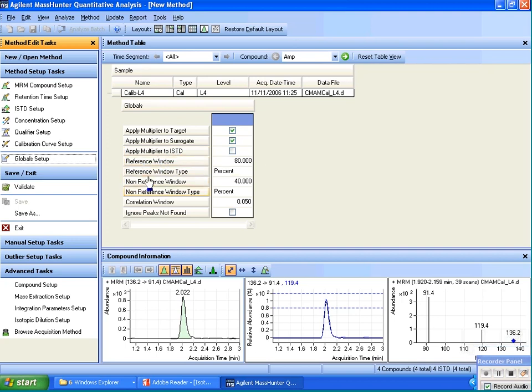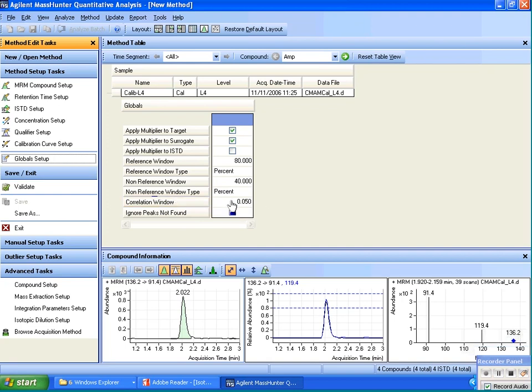The reference windows are the same as the single quad quantitation engine. The reference window applied to the target and the non-reference applied to the ISTD are used to figure out if that peak belongs. And what I'd suggest here is to keep the defaults here for the triple as they work.